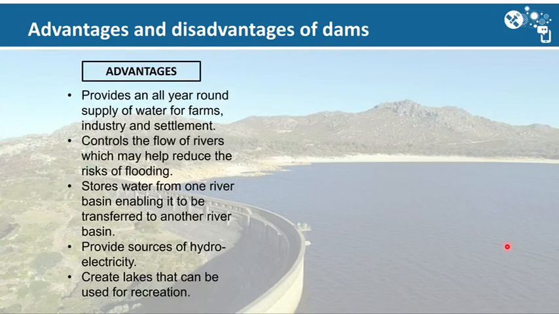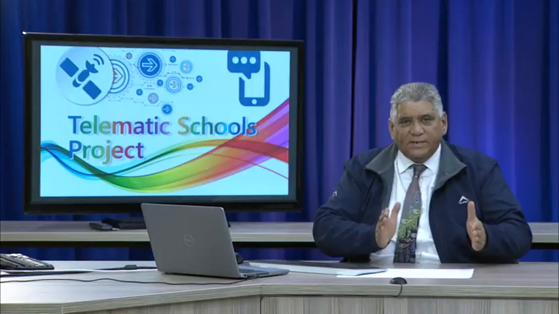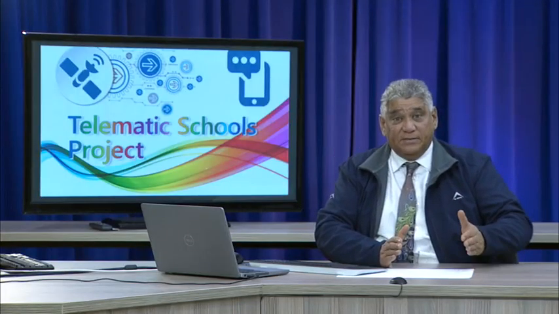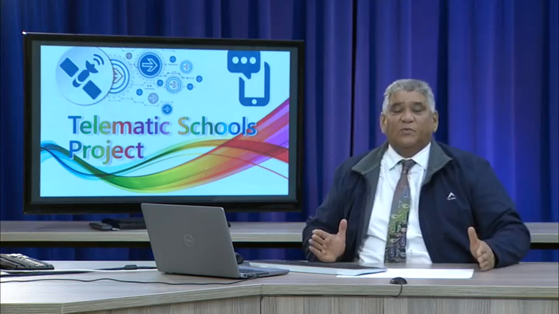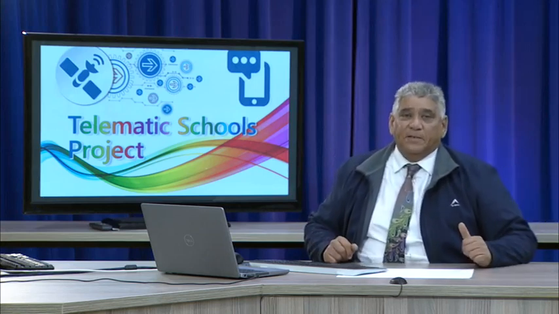Firstly, it provides an all-year round supply of water for farms, industries and settlements. It controls the flow of rivers, which helps to reduce the risk of flooding. That's interesting. When the water is dammed there, it means lower downstream you won't get flooding, because most of the water would be in the dams.